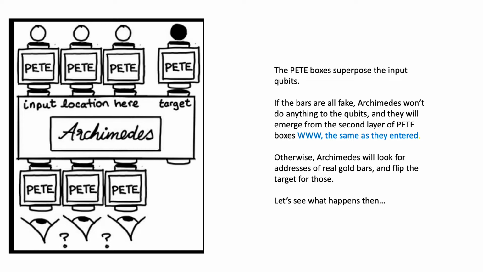All the white balls go in, they'll come out white. Your target's going to go in, it's going to come out as it is. So we know that if we drop in 3 white balls as the address in a fake vault, they're going to come out white. What happens if we're in a real vault and we drop in 3 white balls?